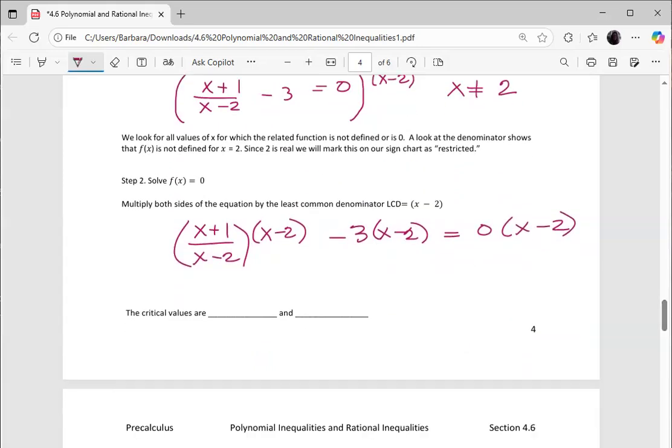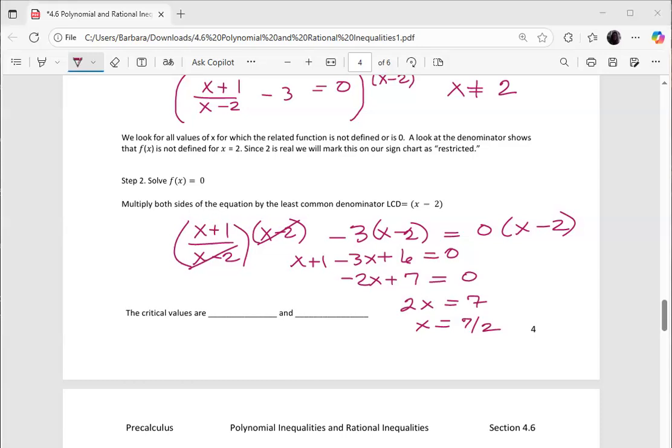And now we can cancel this out, and we have x plus 1 minus 3x plus 6 equals 0. x minus 3x is negative 2x plus 7 equals 0. 2x equals 7, so x is equal to 7/2. So now we have determined what the critical values are. We can write it as a decimal, that's 3.5. And the first one was 2.